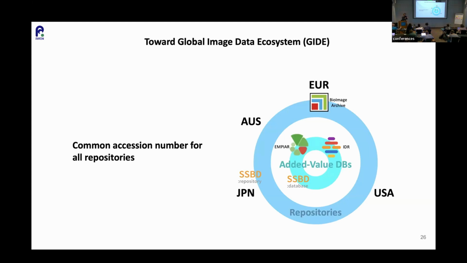The EDB and sequencing community use the same shared accession number for every repository. That is a very good point for driving the global Bias repository activity, I believe. So we want to make this happen in the near future, and I hope we can discuss it with you.